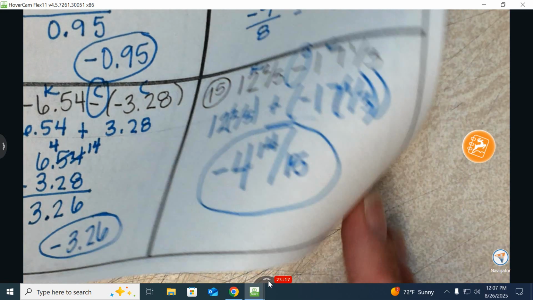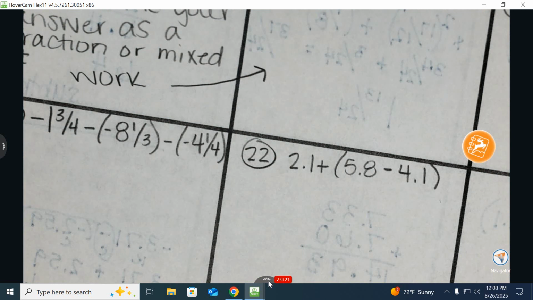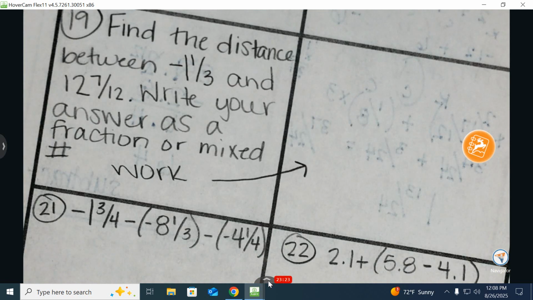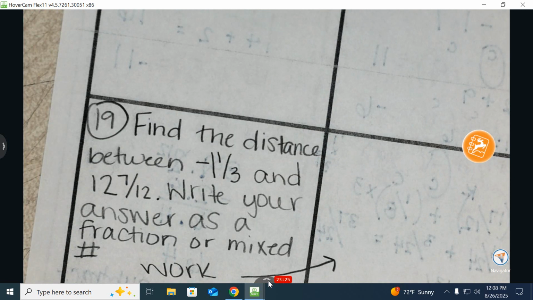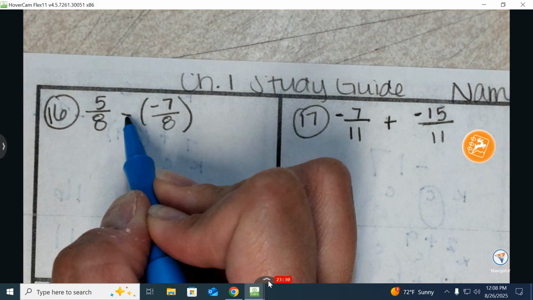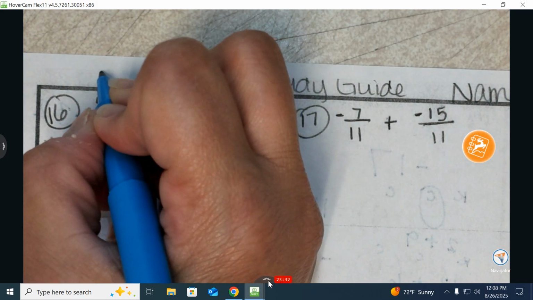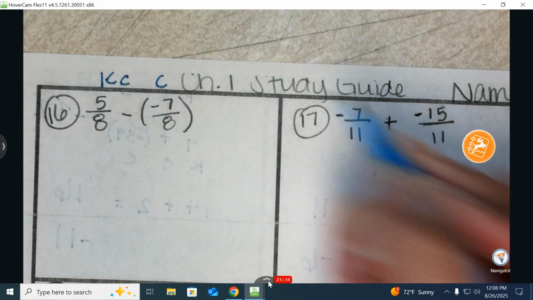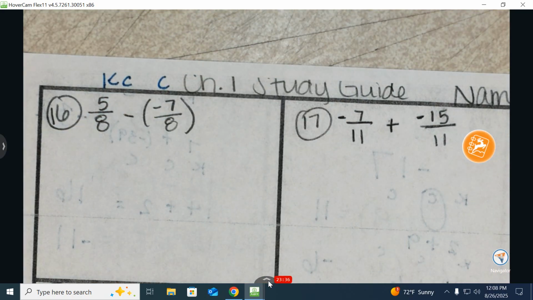Okay, go ahead and flip it over. Okay, this one, it's subtraction, so you're going to do keep, change, change. You go ahead and pause the video and solve it.